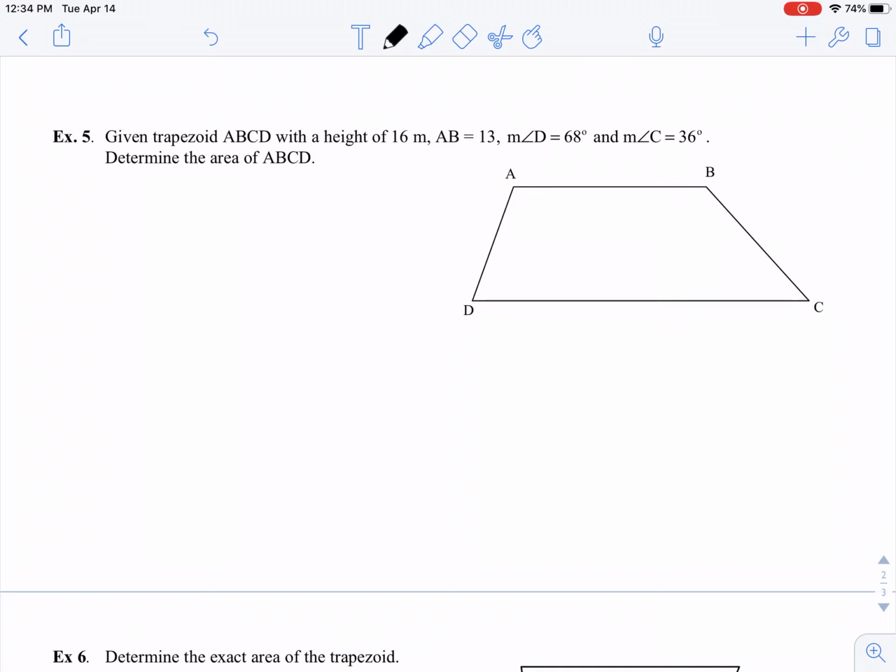This is example 5 for day 6, area of a trapezoid practice.